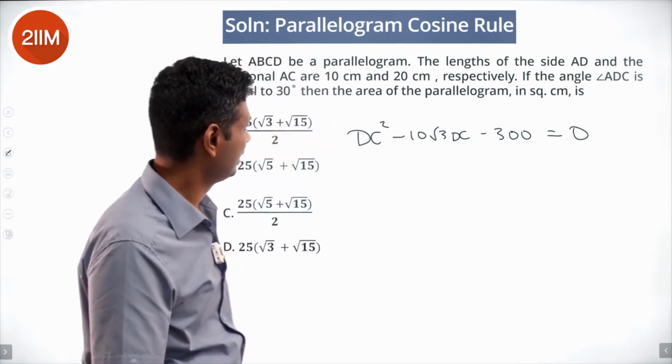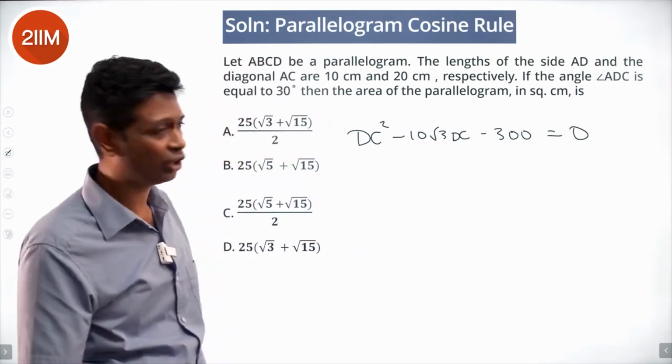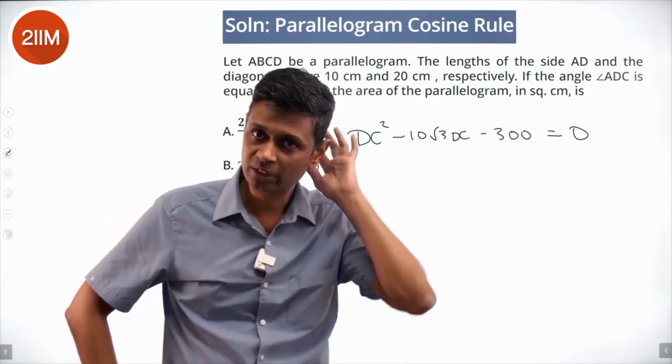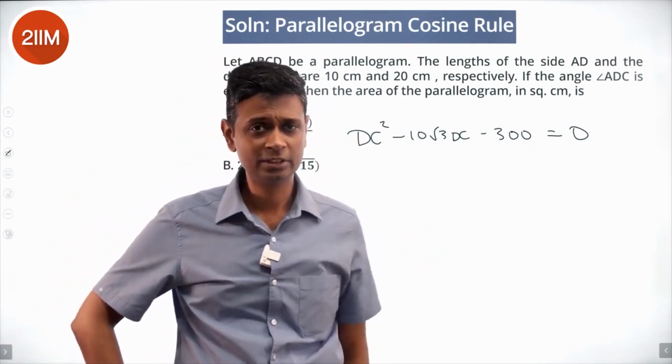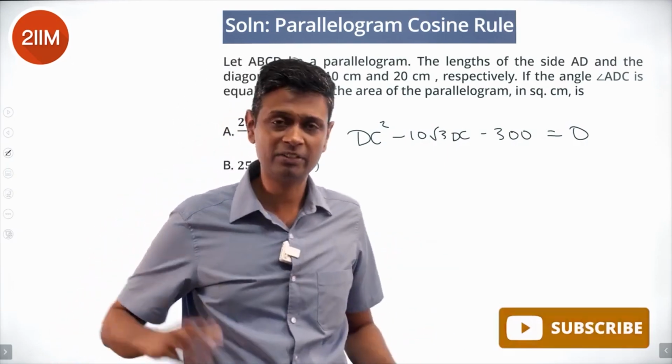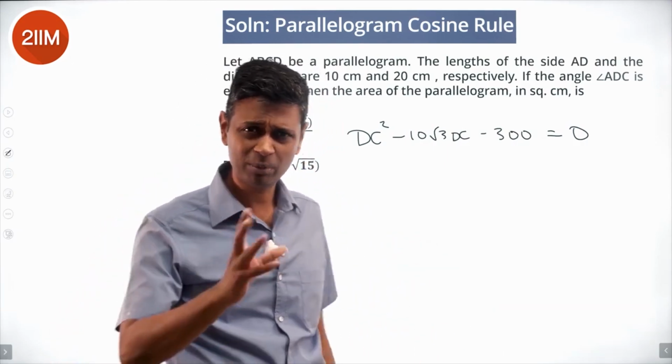Then simplify this. 10 root 3, 5 root 3 whole square. I can split this in terms of completion of squares. 5 root 3 whole square is 3 into 25, 75. I can write this as plus 75 minus 75 and then go somewhere with that.